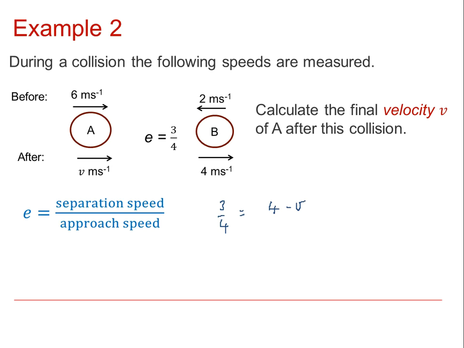The speed of approach is 6 plus 2, as they're moving together, so a value of 8. Multiplying by that 8 gives us that 4 minus V is equal to 6, and therefore V must be equal to -2 meters per second. In other words, A rebounds, moving in the opposite direction to its initial motion with a speed of 2 meters per second.